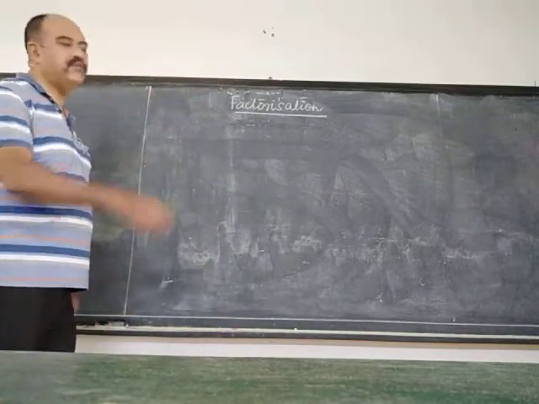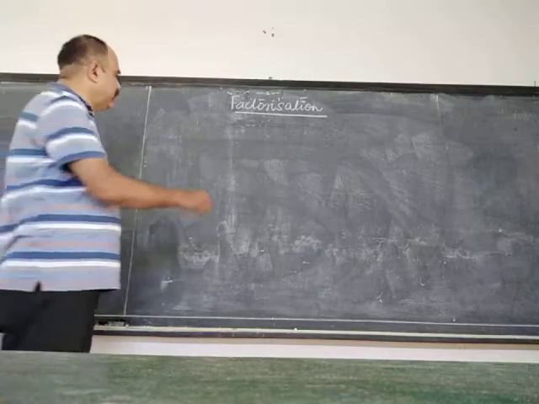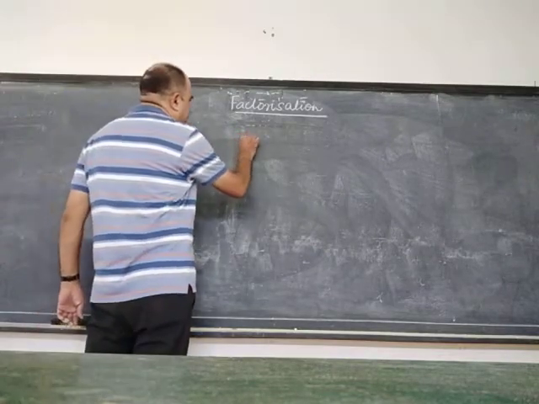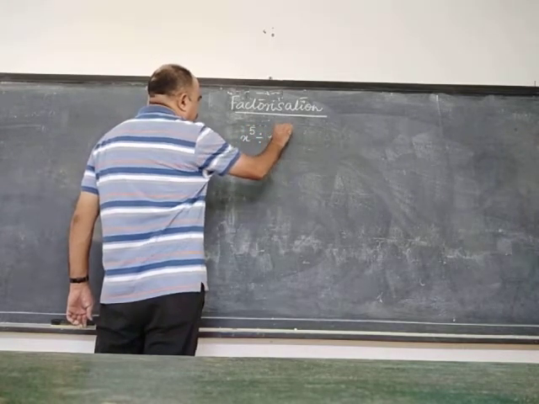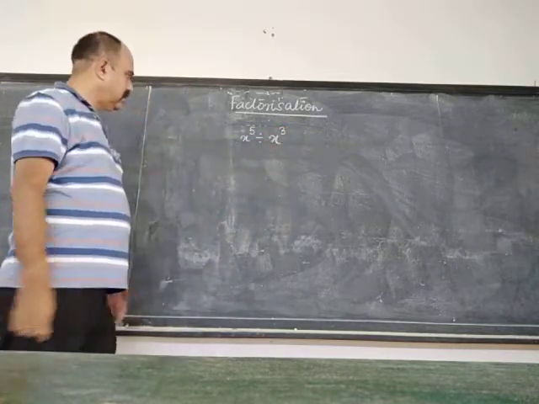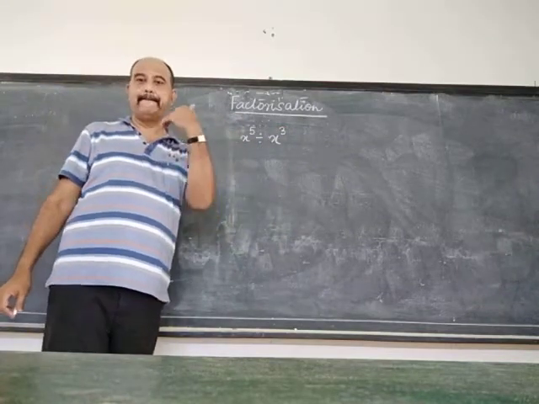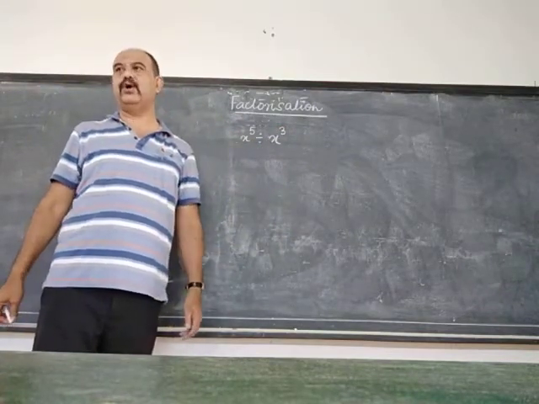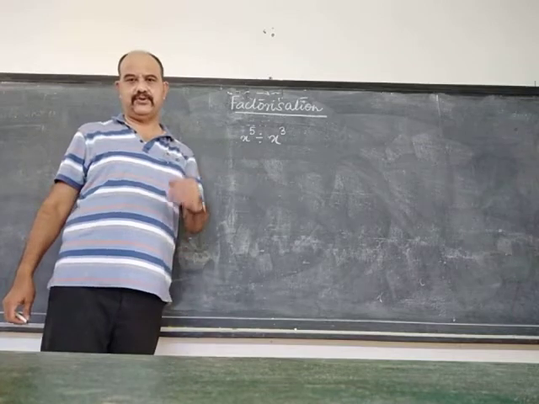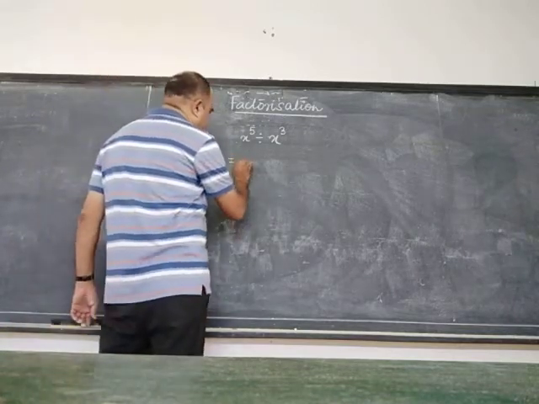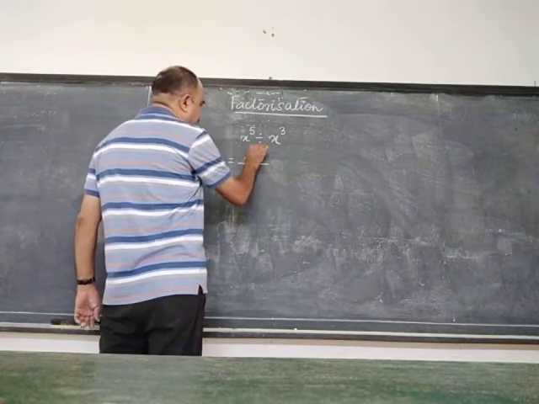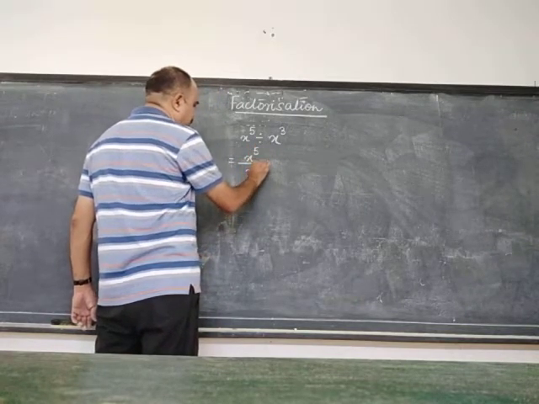For example, suppose we have been given: divide x to the power 5 by x to the power 3. Of course, in this sum you can use the exponential law also, or without using it we can straight write down the answer. Let us put it in the fractional form, x to the power 5 by x to the power 3.